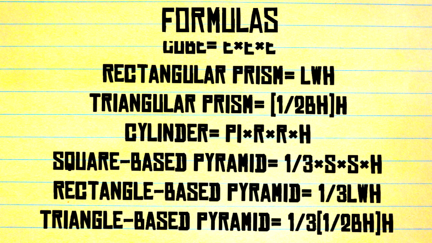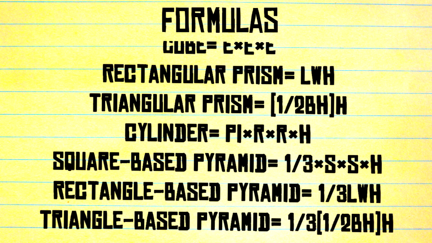Volume of a cube is equal to edge cubed. Rectangular prism, length times width times height. Triangular prism, 1/2 times base of the triangular base times height of the triangular base times height of the prism. Cylinder, pi r squared times height.